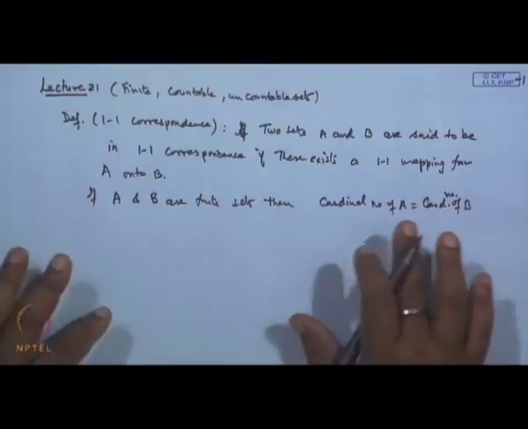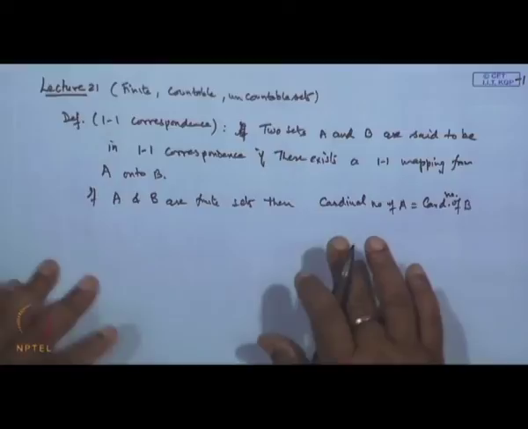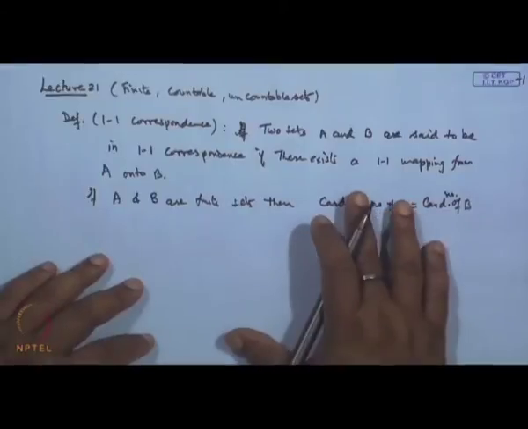So, when A and B are infinite sets, then instead of saying the cardinality is the same, we say they have a one-to-one correspondence. That is more meaningful than saying the numbers are same. Okay. So, this is one.